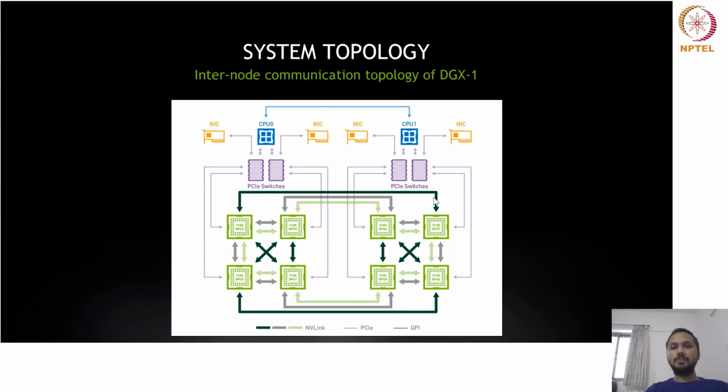These 8 GPUs are connected to each other via interconnects like NVLink. If you want to go across nodes to different nodes, you get connected via NIC cards or InfiniBand, which will connect to the other machines as well. We are going to do hands-on in this particular session on a DGX machine itself.